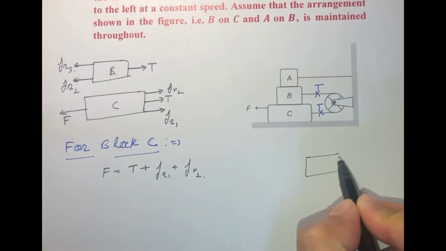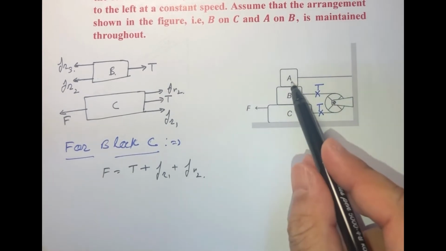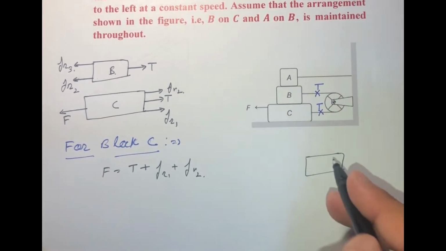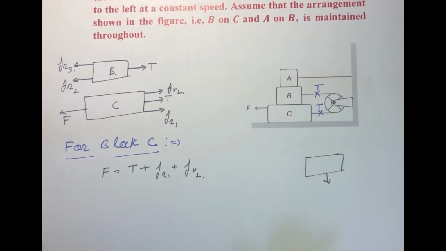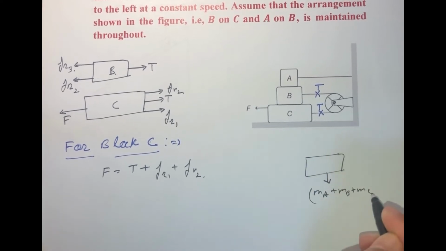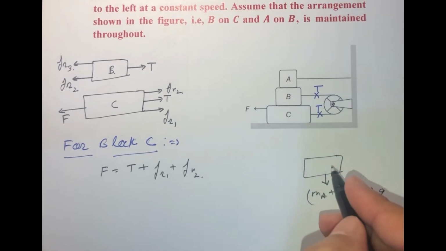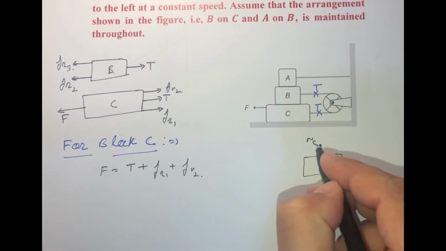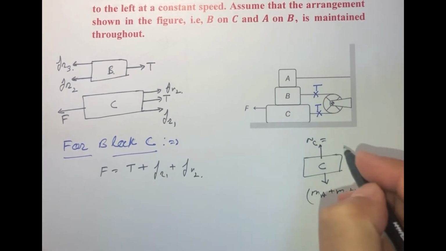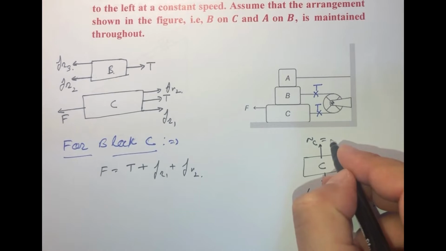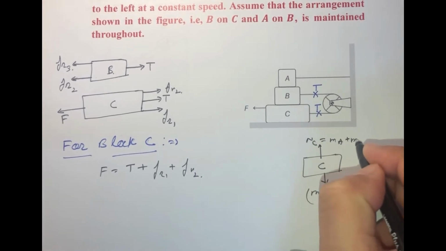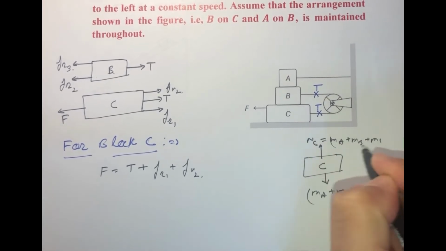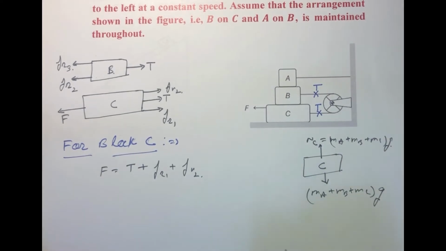So this is our block C, and downward we will have MA plus MB plus MC times g. There will be a normal, let us suppose that is NC, and the value of NC will be equal to MA plus MB plus MC into g.